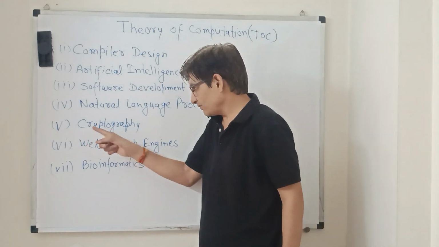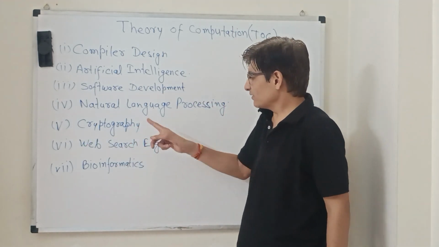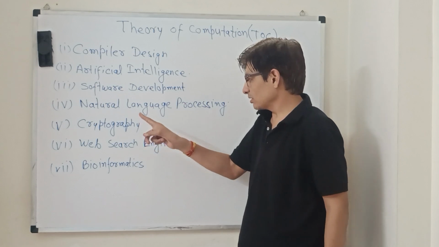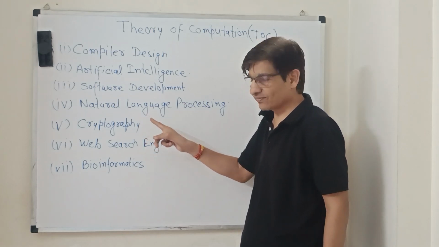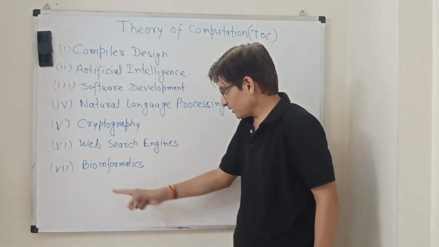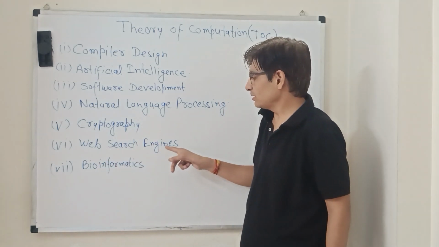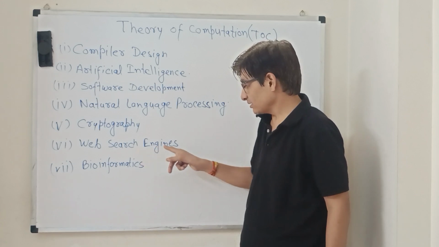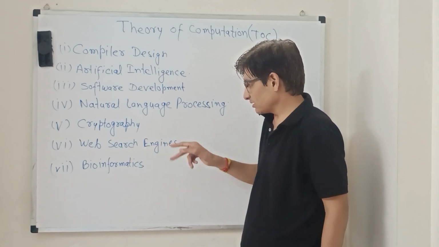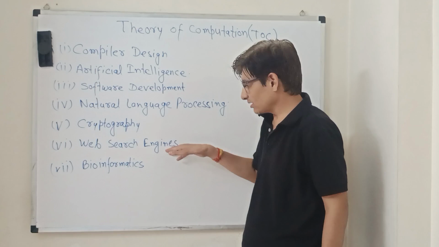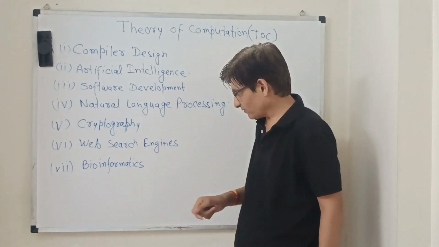In cryptography, we ensure secure transfer of data from one place to another. And in web search engines, we use automata again for searching and to rank different pages in websites.